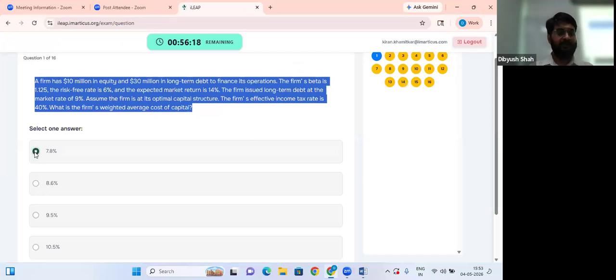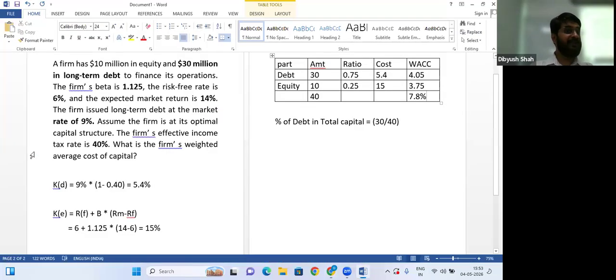Now see, even though equity has 15%, debt has 5.44%, but it is more closer towards the debt. Why? Because debt proportion is way higher compared to equity. If equity was higher, it would have been closer to the 15 rather than to 5.4. You have to understand all this because theoretically all this comes.